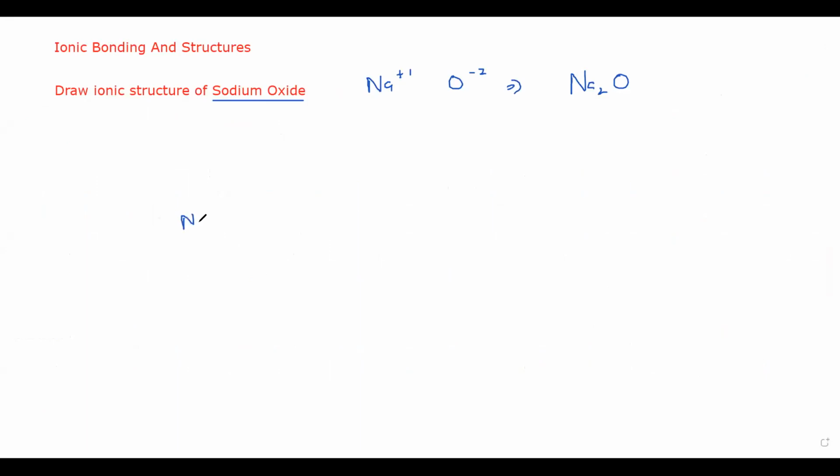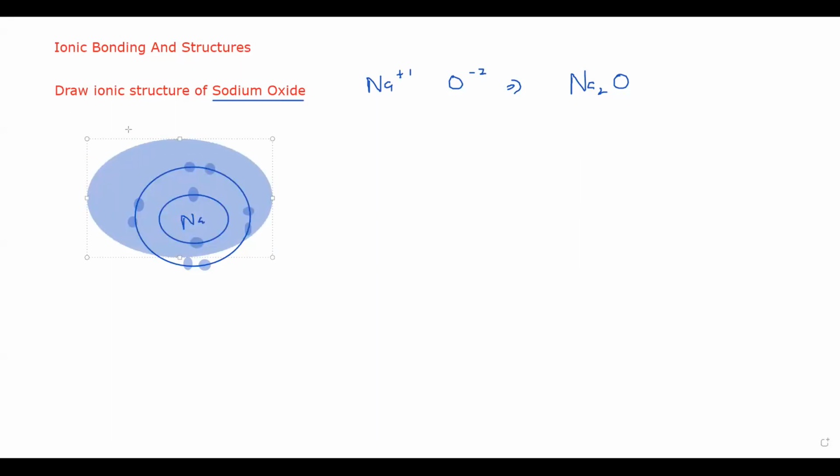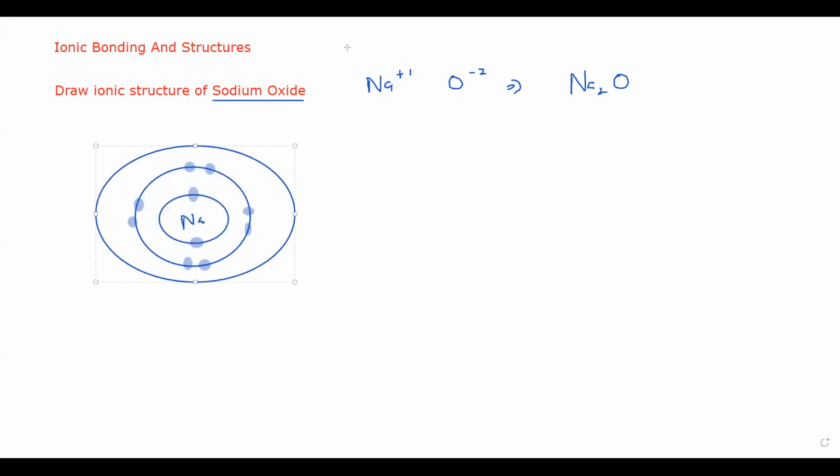The first has 11 electrons: the first shell has 2, the second shell has 8, and the third shell has 1 electron, because 11 electrons are there.